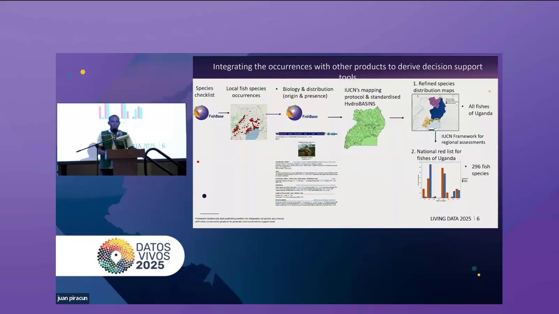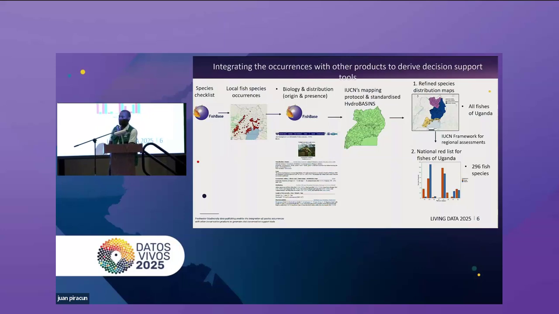So when we come to integrating this data with the other conservation tools and the spatial data, we begin by integrating our data on species occurrences with the information from FishBase. For those who do not know, FishBase is a global database with information about fishes.